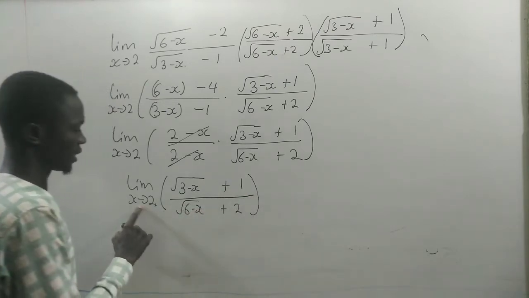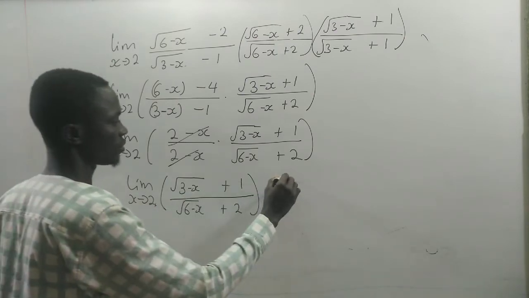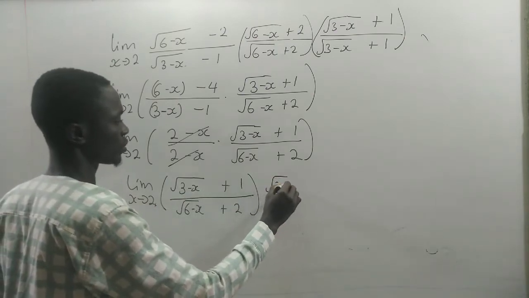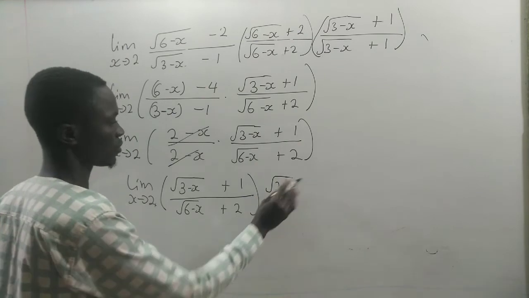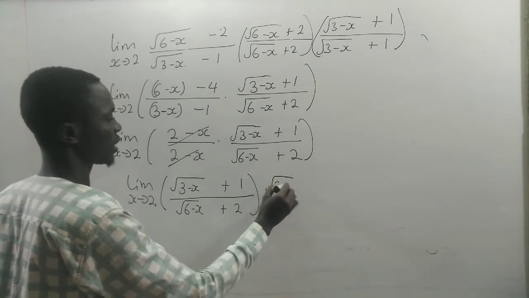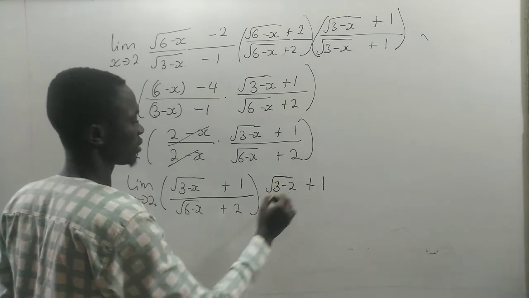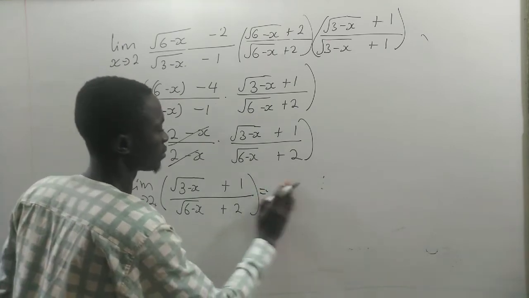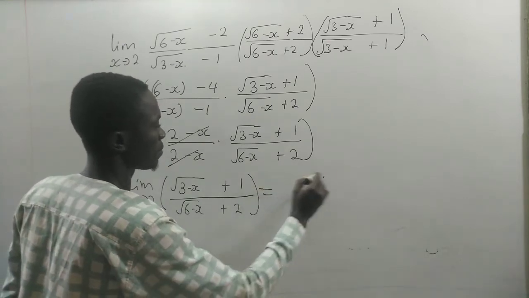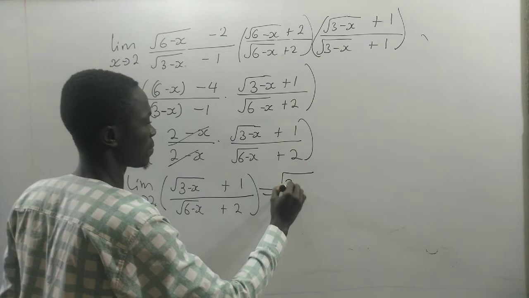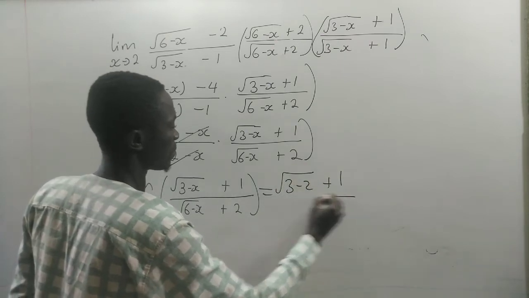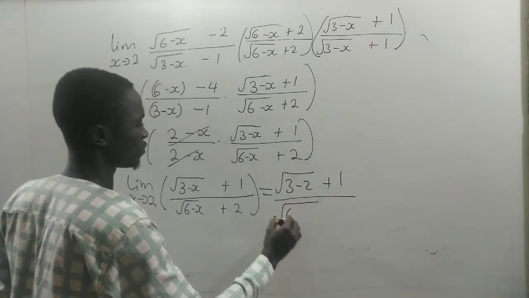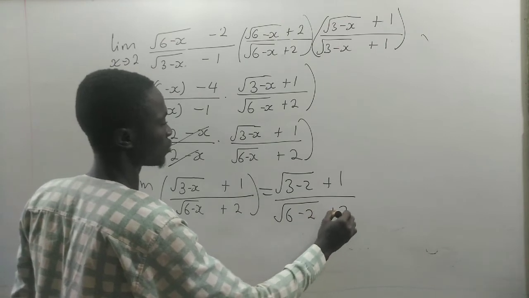So here, as x approaches 2, we have square root of 3 minus 2, plus 1, divided by square root of 6 minus 2, plus 2.